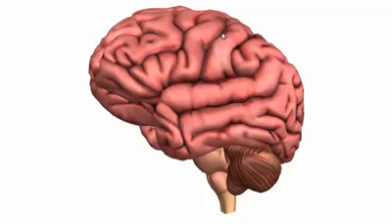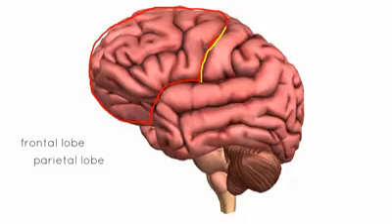So you've got 4 lobes of the brain which are separated by various grooves. So anterior to the central sulcus, which I'm drawing along here, you've got the frontal lobe, because it sits behind the frontal bone of the skull. So this is the frontal lobe that I've outlined in red. Posterior to the central sulcus, you've got the parietal lobe, and this runs like this.